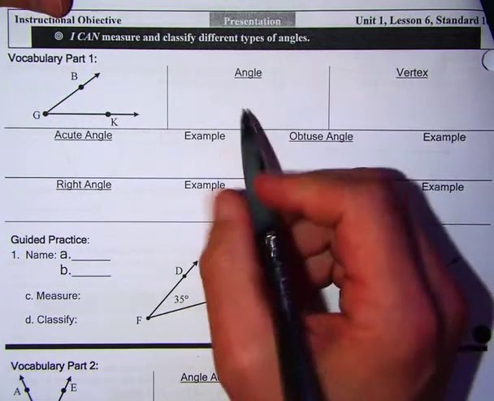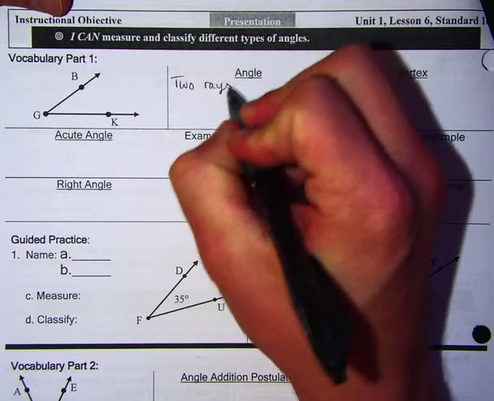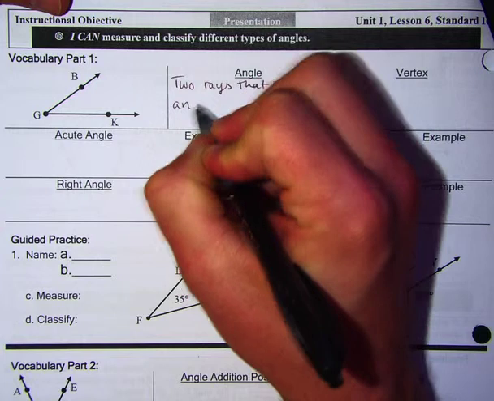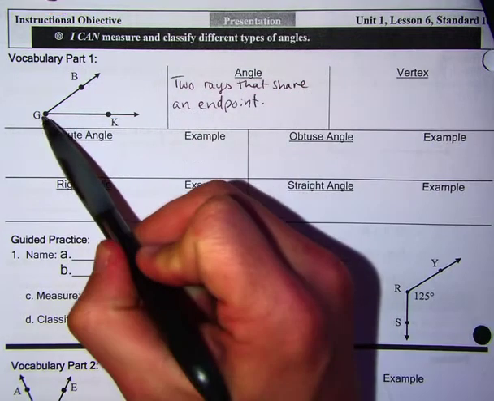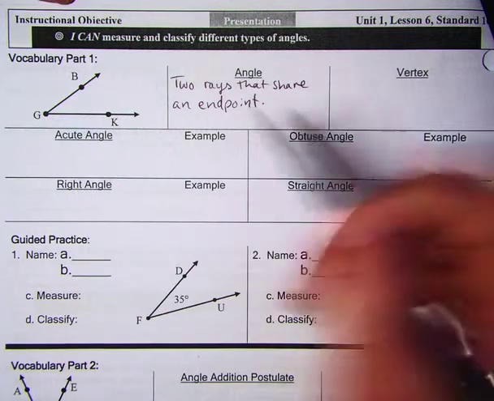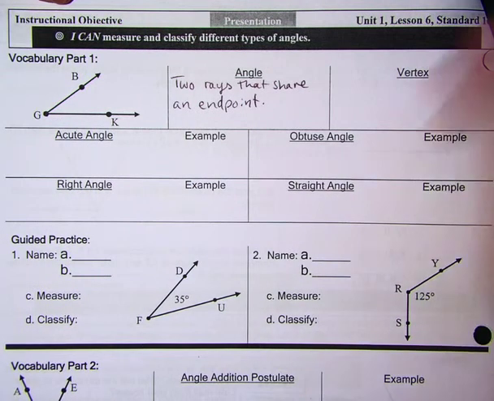What is an angle? Well, an angle is two rays that share an endpoint. So if you look at our diagram, you have ray GB and ray GK sharing endpoint G. The endpoint is what we're going to call the vertex.